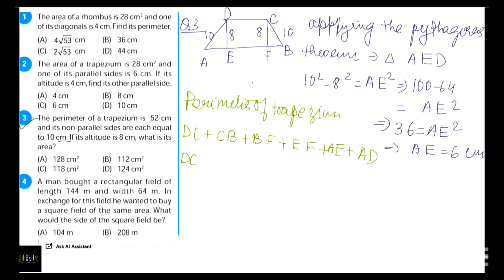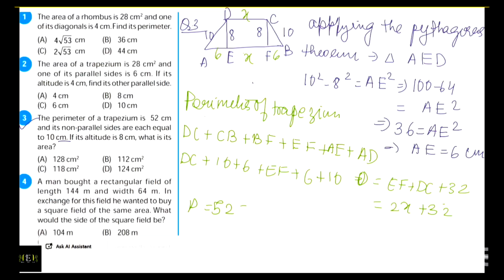Here it will be DC because we don't know, plus 10 plus 6 plus EF plus 6 plus 10. These values I got 6. Suppose that these two will be equal, so I am naming them x and x. So we get EF plus DC plus 32. If I say that these two are x, I will get 2x plus 32. Now perimeter is given as 52, and this 52 is equal to 2x plus 32.